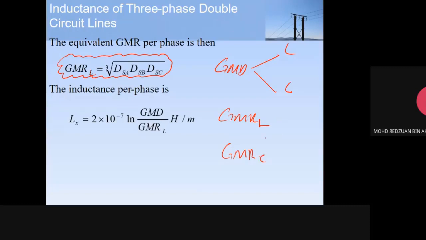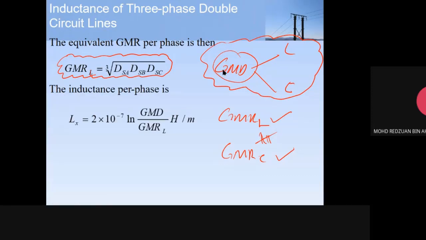This one is not equal. So we have to calculate GMR L and GMR C later on. But the GMD is equal either to calculate inductance or capacitance. We can use the same GMD because this is the distance between the transmission line cables.